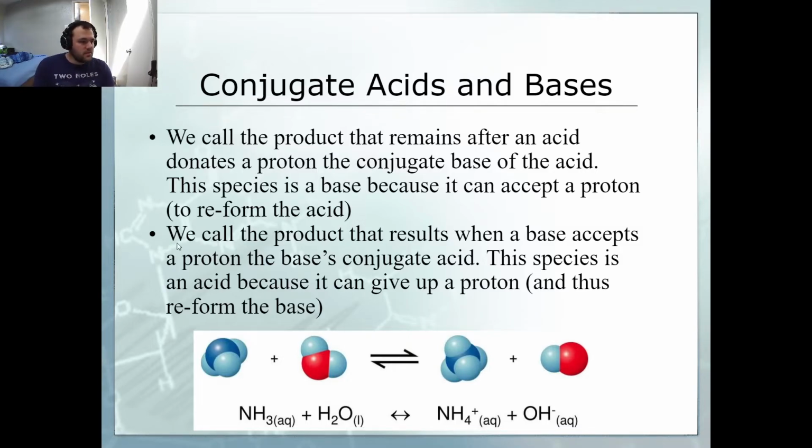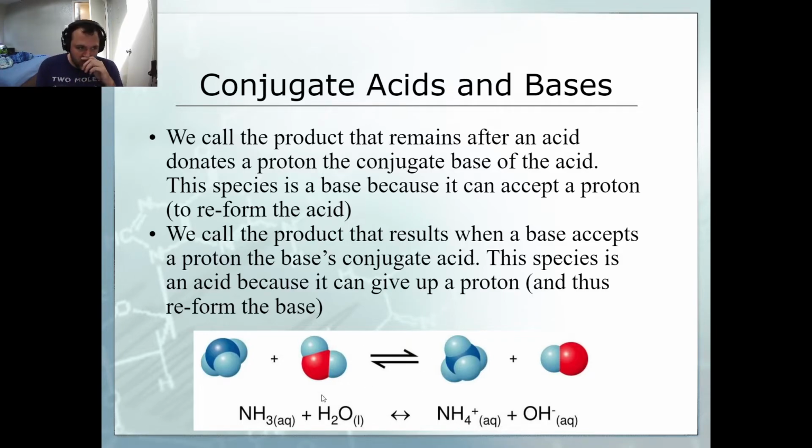But along with this, we have what's called conjugate acids and bases. This is part of Bronsted-Lowry's theory, and they said that when the Bronsted-Lowry acid donates that proton, it gets rid of its H plus, then it becomes a conjugate base because it can then accept a proton to go back to being that acid.